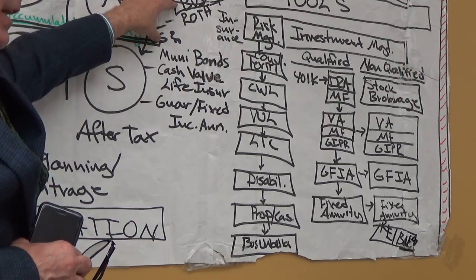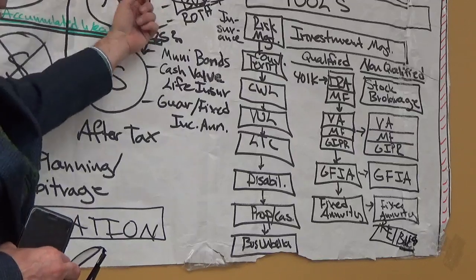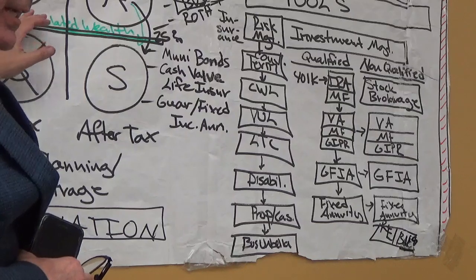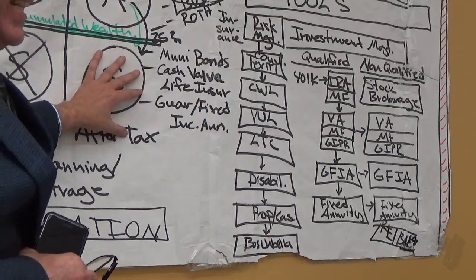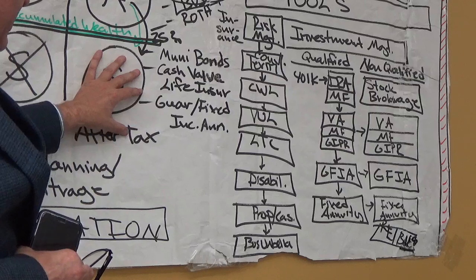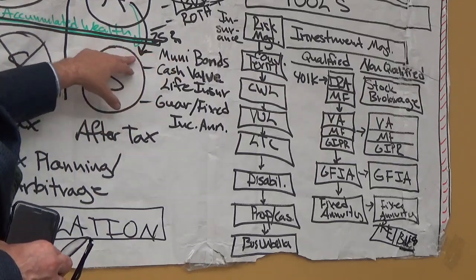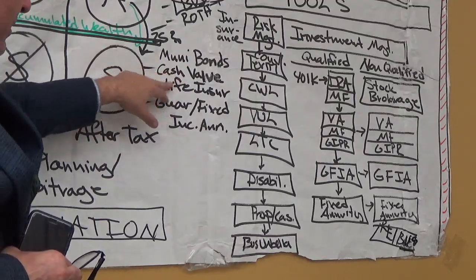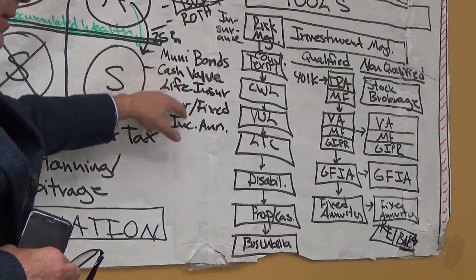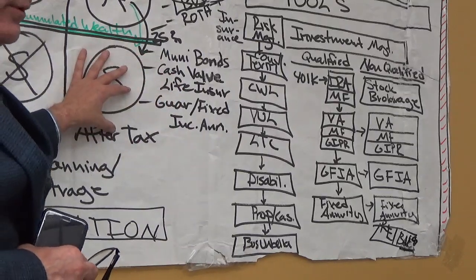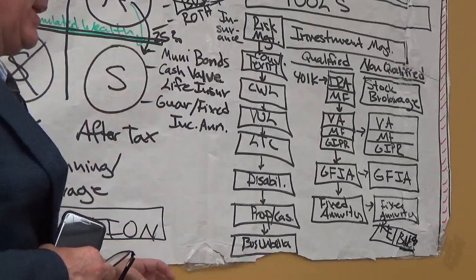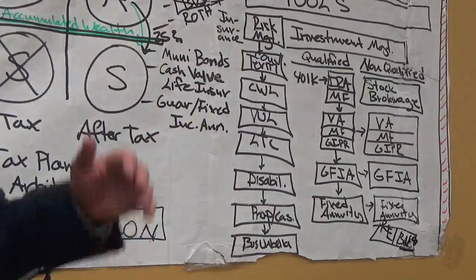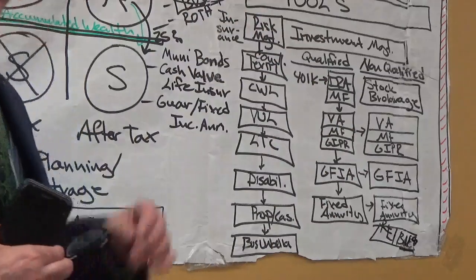At that point, you start selling off the assets to bring the allocation back into the 50%, and then you take the money and you bring it below the line into the after-tax safe realm, which is where you're going to be investing in tax-free California municipal bonds, cash value life insurance, fixed and guaranteed annuities, and basically building an annuity wealth that's going to be able to pay for your standard of living for the rest of yours and your partner's life, or you and your kids' life for the rest of their life too.